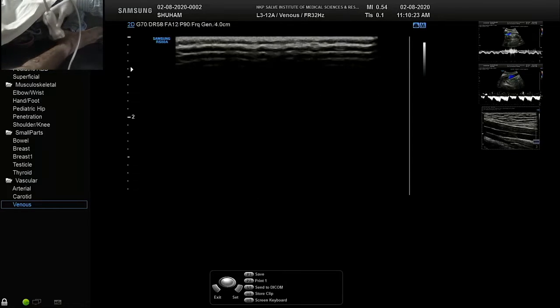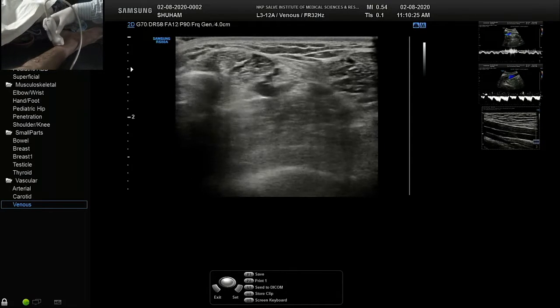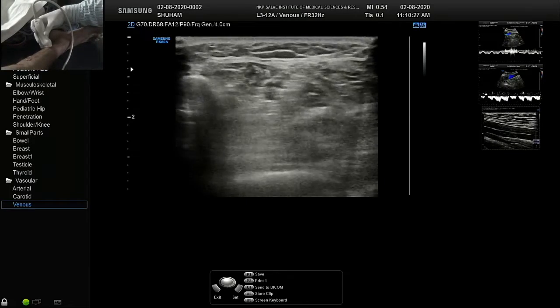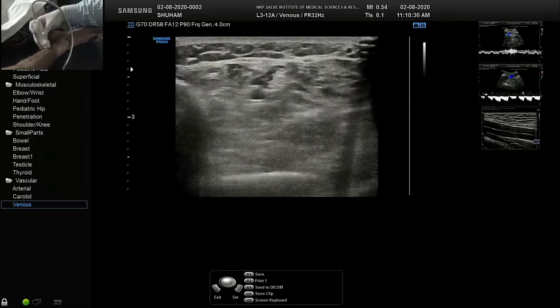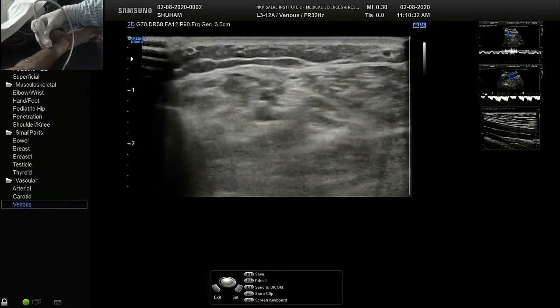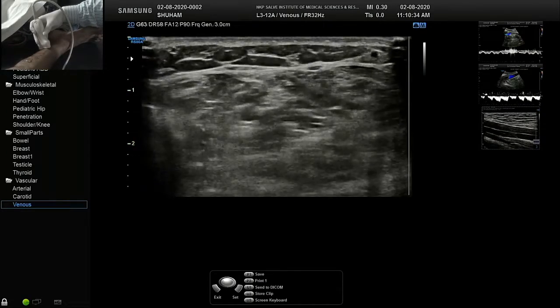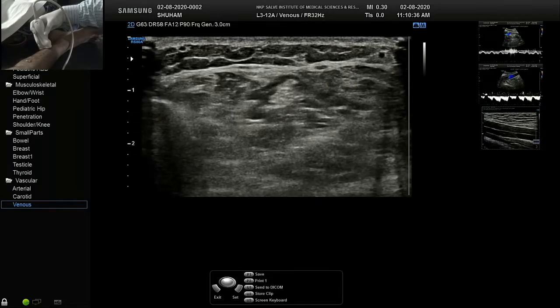At the same time, try to see whether there are any communications in between the GSV and the tibial vein. You can see here there is a small vein.